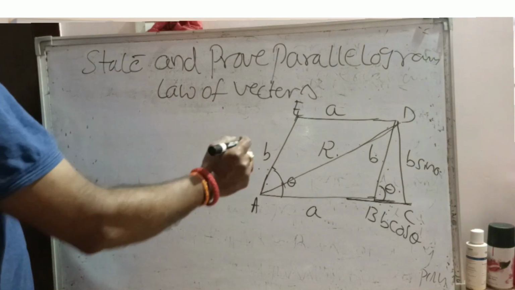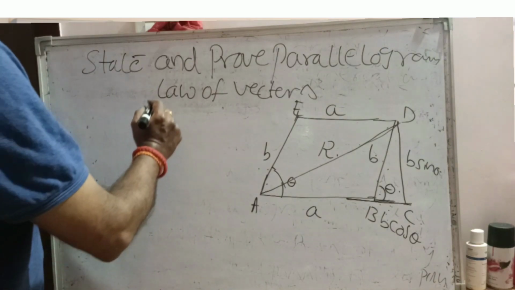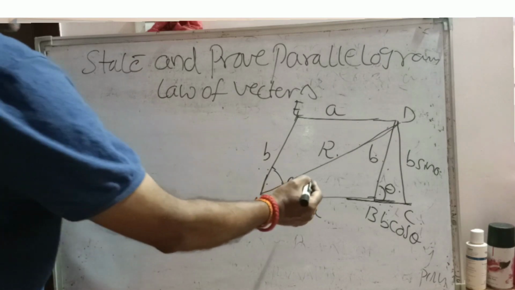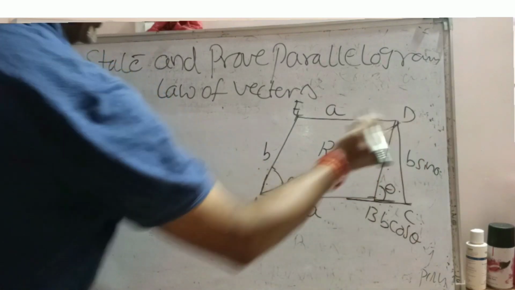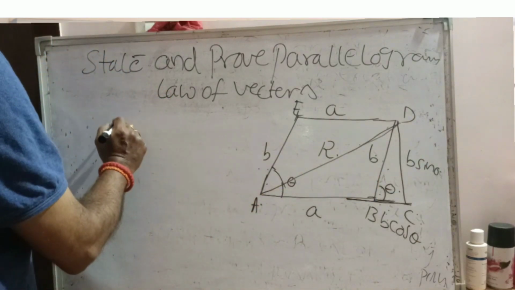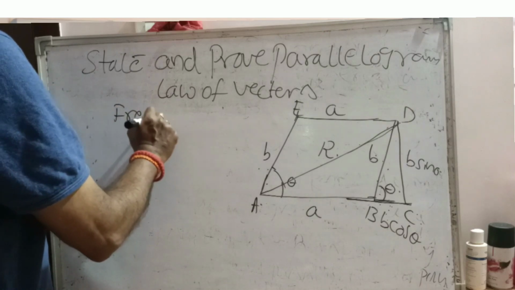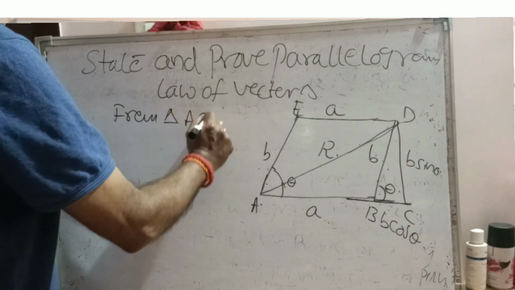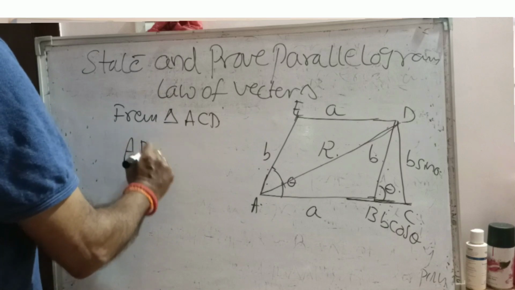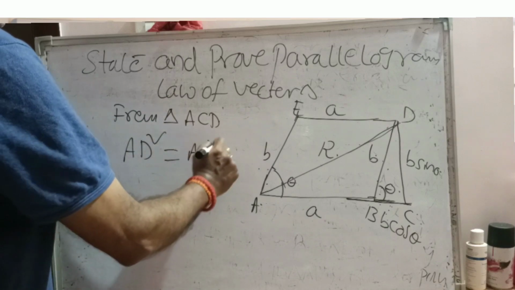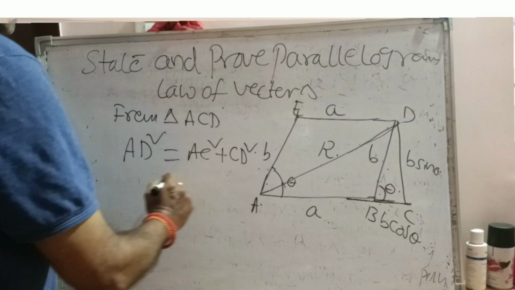Now let us prove the parallelogram law of vectors. Here ACD is a right angle triangle. From triangle ACD, AD square is equal to AC square plus CD square.